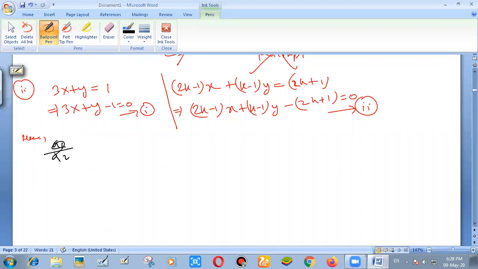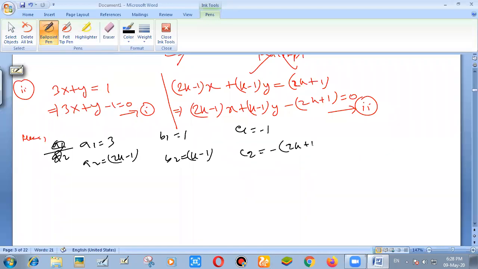Here a1 will be 3, a2 will be 2k minus 1, b1 will be 1, b2 will be k minus 1, c1 will be minus 1 and c2 will be minus 2k plus 1. So these are the values.